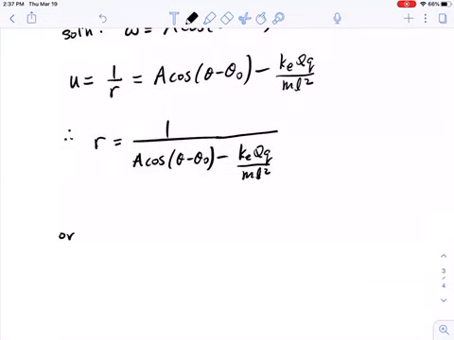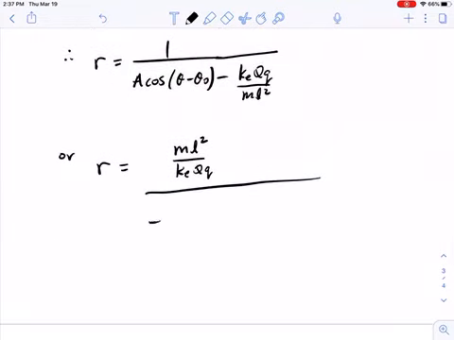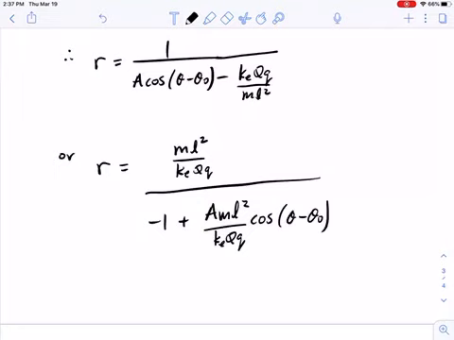Or we could write this as m l squared over k q q is equal to minus 1 plus A m l squared over k q q cos(θ minus θ naught).